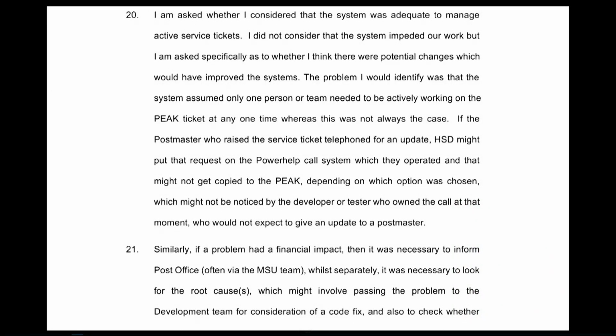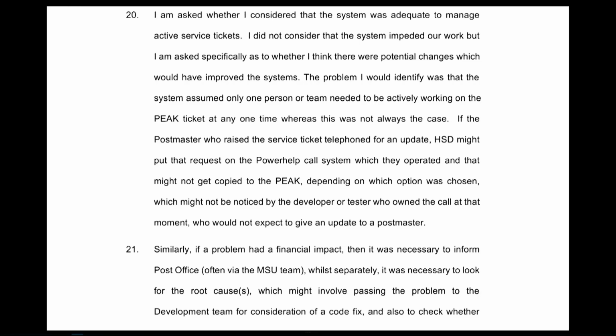You say you were asked to consider whether the system was adequate to manage active service tickets. You say, I did not consider that the system impeded our work, but I'm asked specifically as to whether I think there were potential changes that would have improved the systems. The problem I would identify was that the system assumed only one person or team needed to be actively working on the peak ticket at any one time, whereas this was not always the case.